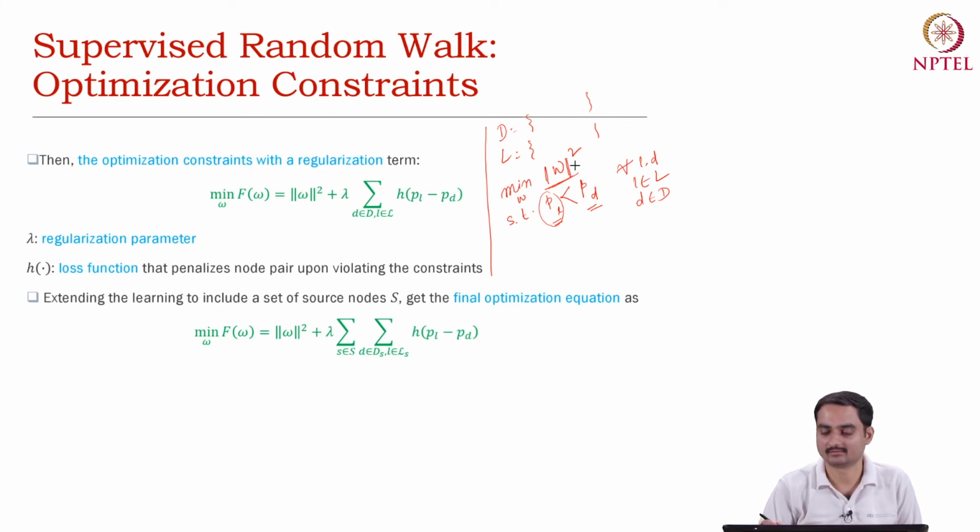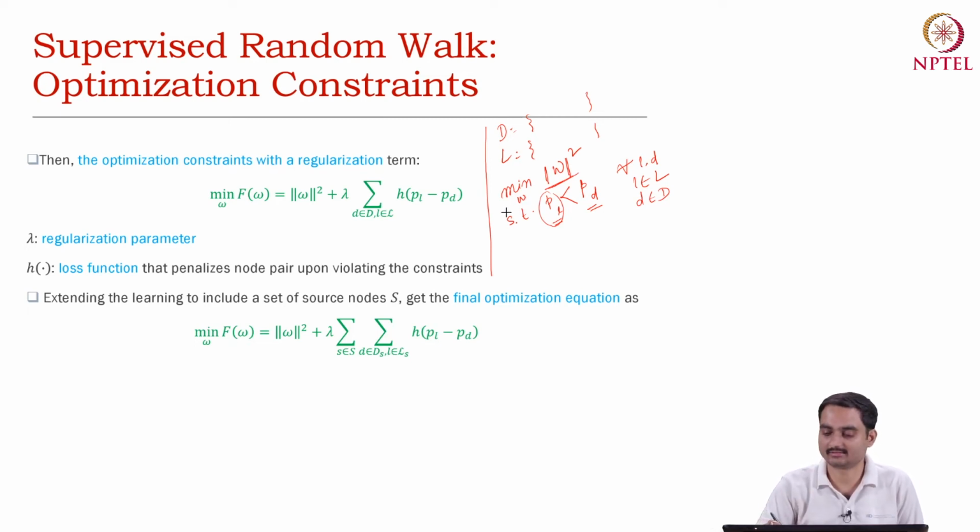Why do we minimize it? Because we prefer smaller parameter values of W, just for regularization. Because if we make it high, then you may end up overfitting. I mean, you may give more weightage to some features which are not that important.